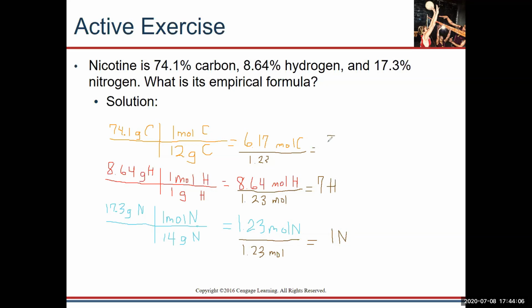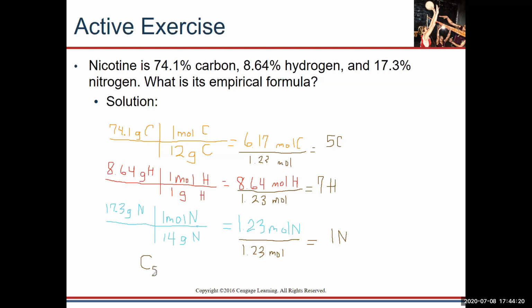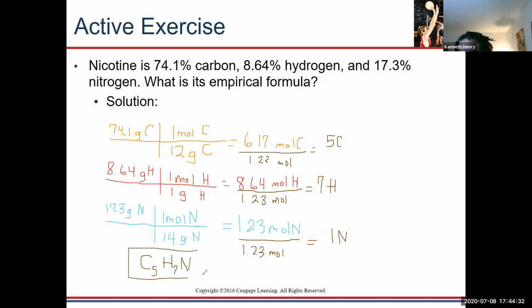That would be C5H7N. Okay, so C5. Ta-da! Yay.